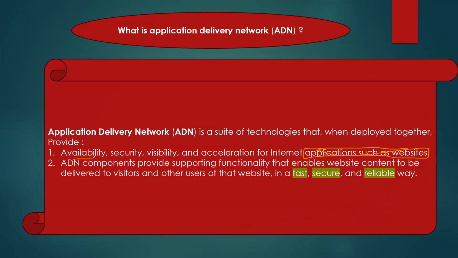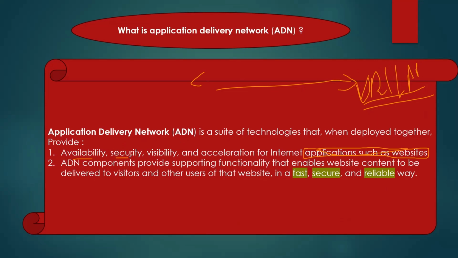The URL or the application should be available all the time. It should not go down. That should be provided with the ADN. We can get this with the ADN only. So if a client wants to initiate traffic to this URL, it should be available. This is the first thing.